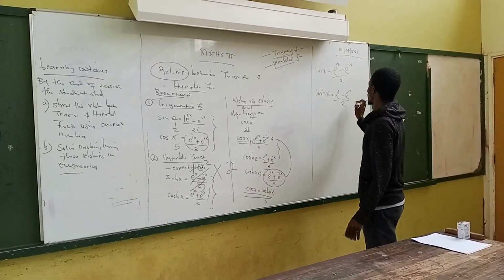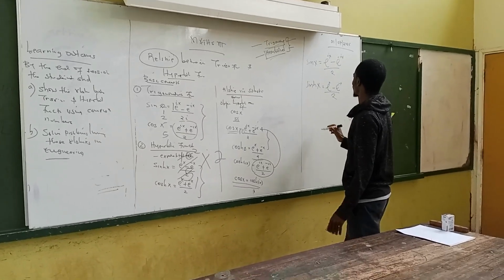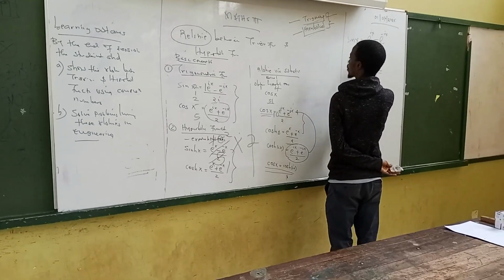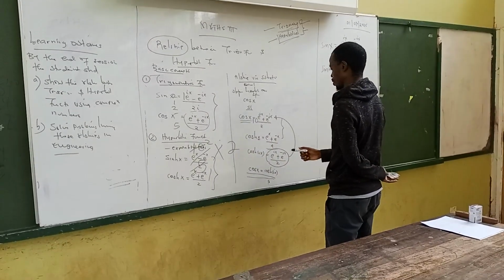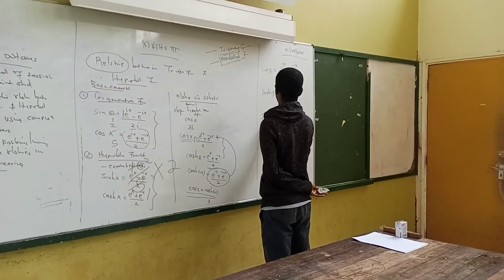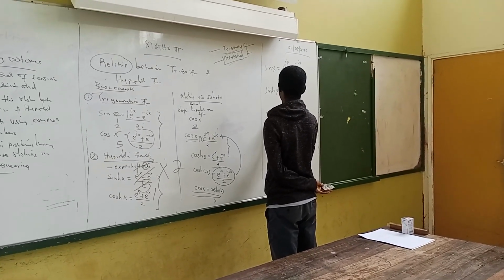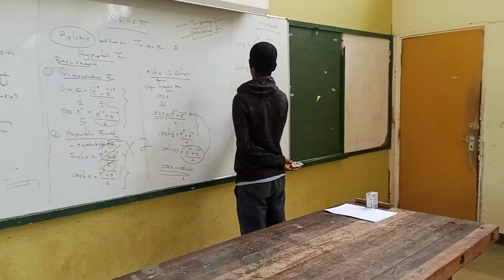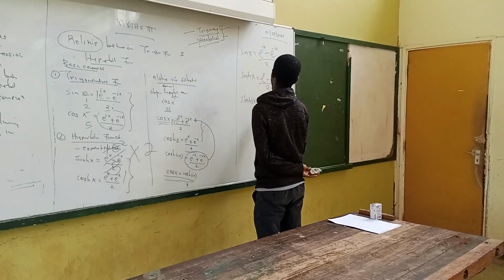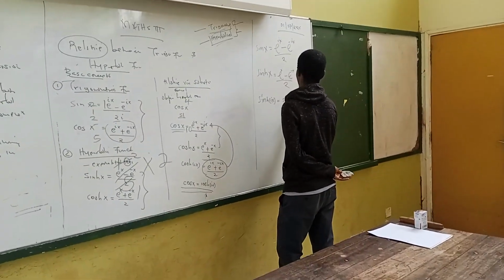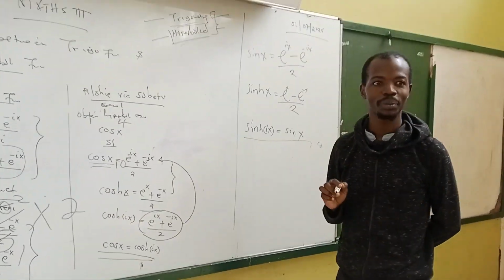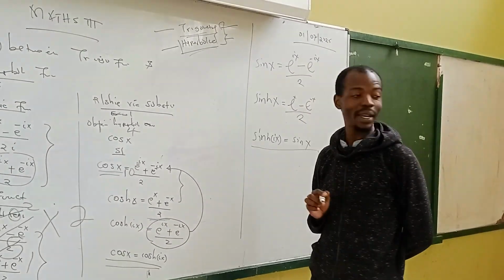So when we relate these two, i x gives us sine of x. This is the relationship. Am I right?